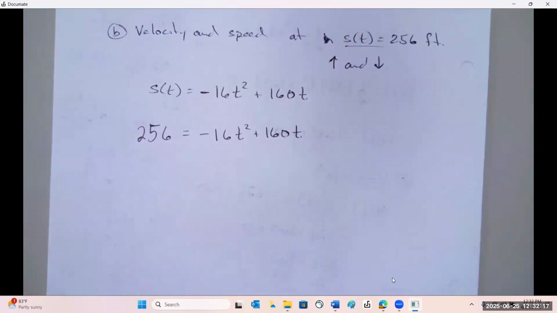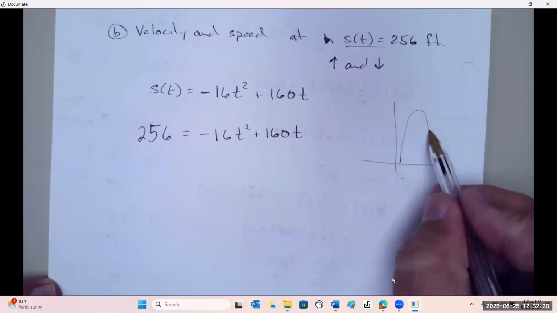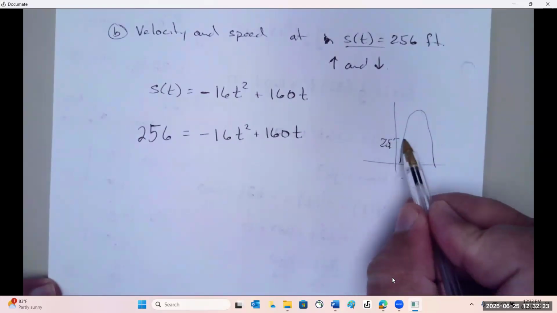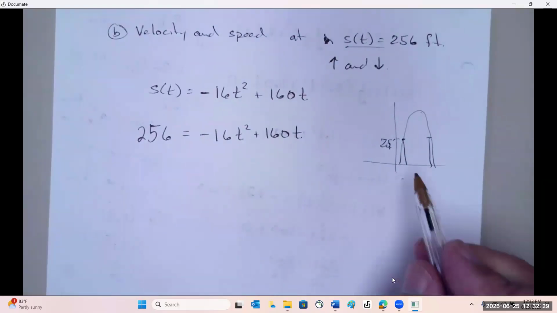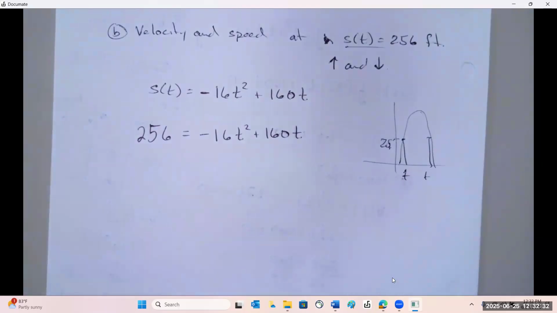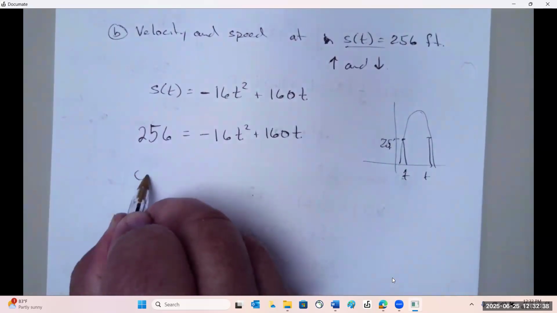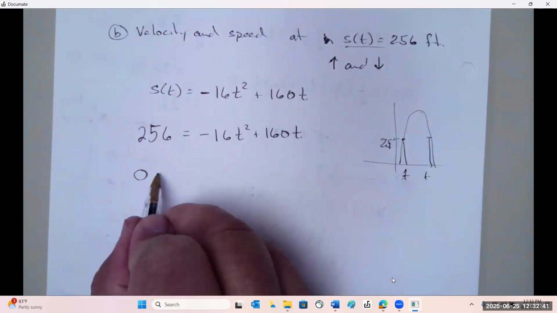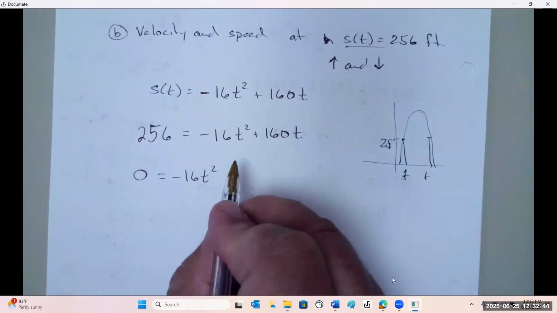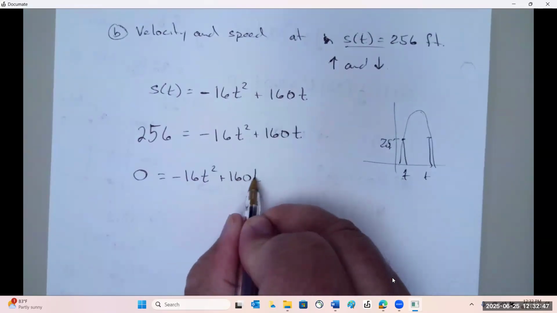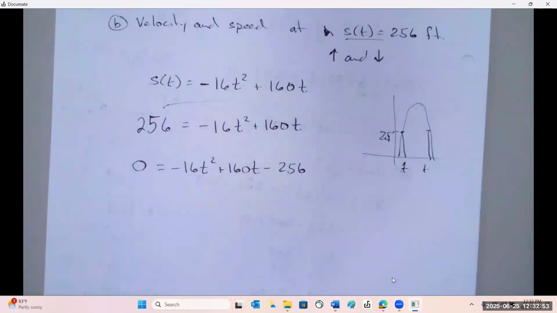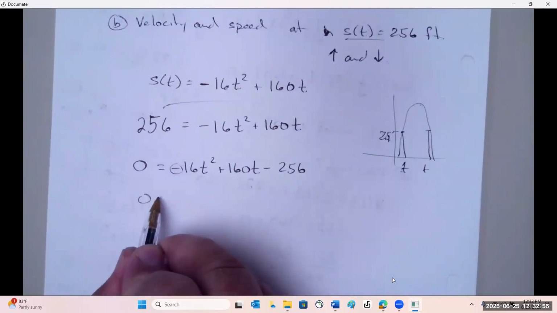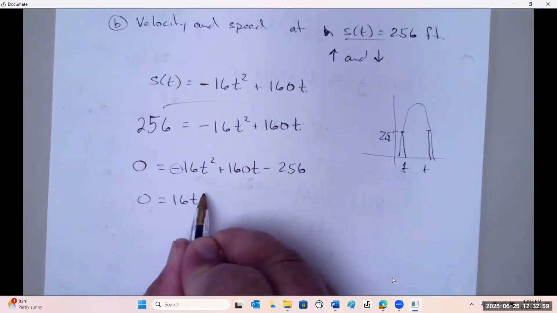In order to draw a picture, our picture going up and coming back down at 256, we have to know at what time these occur. Once we know the times, then we can plug it into the formula and come up with an answer. So we set this equal to 0. Negative 16t squared plus 160t minus 256. So I moved it over. Since I have a negative coefficient, I just change all the signs.